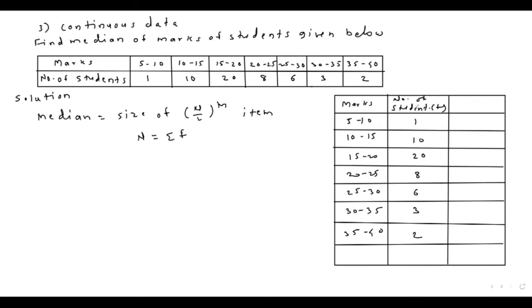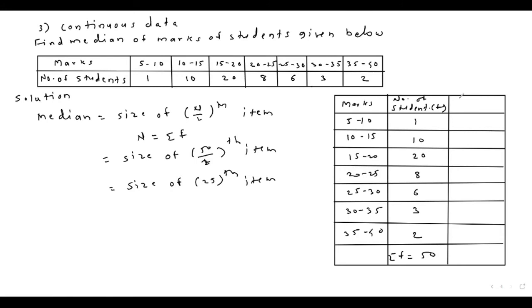In this table the values are written in column format, so summation of F is 50. So we have size of 50 divided by 2th item. 50 divided by 2 is 25, so the size of the 25th item.